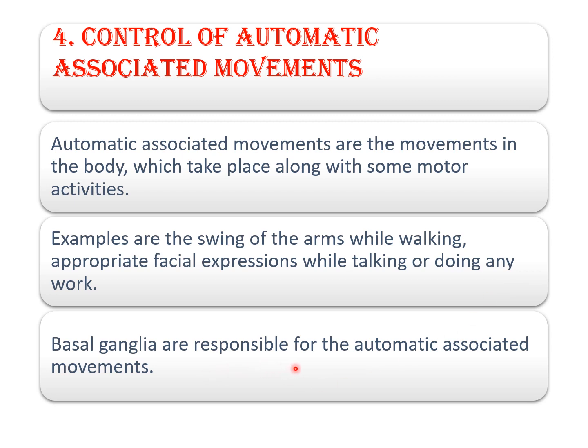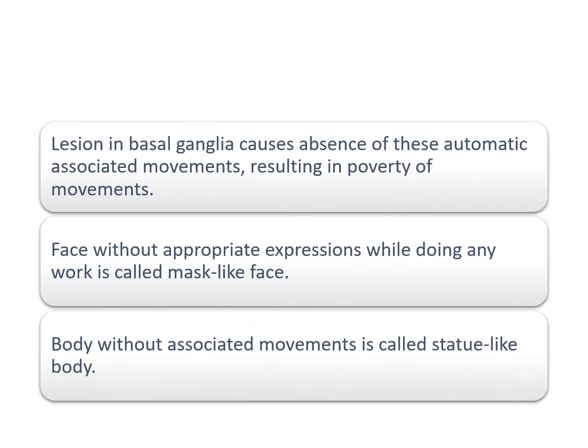Basal ganglia are responsible for automatic associated movements. A lesion in the basal ganglia causes absence of these automatic associated movements, and that results in poverty of movements. A face without appropriate expression while doing any work is called mask-like face. A body without associated movement is called statue-like body.